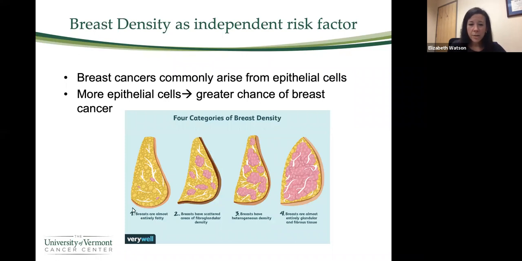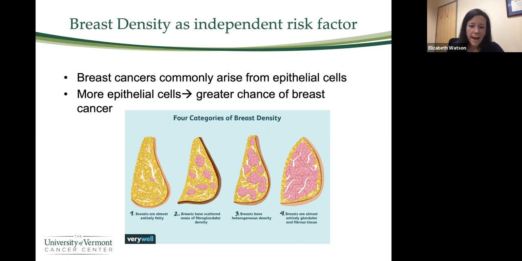So this image here at the bottom of the screen, at the left side, you'll see a very fatty breast, and the fat cells are symbolized by the yellow and brown circles there. Those are meant to be fat cells. And the pink little dots that you're seeing, those are the epithelial cells. And you'll see in the fatty breast all the way on the left side of the screen, there's really not a lot of epithelial cells.